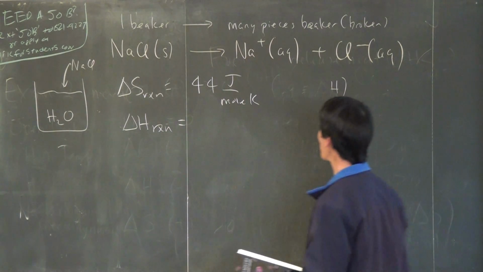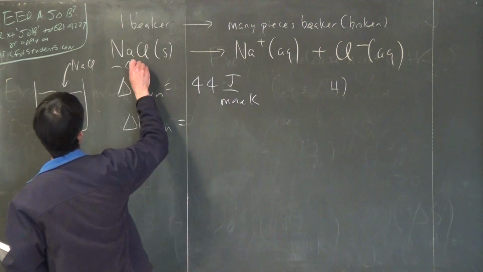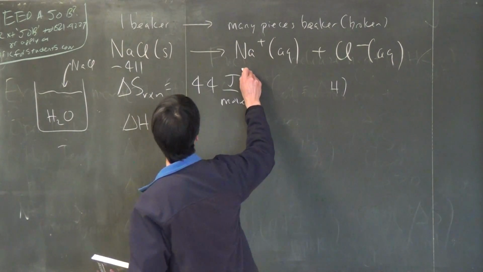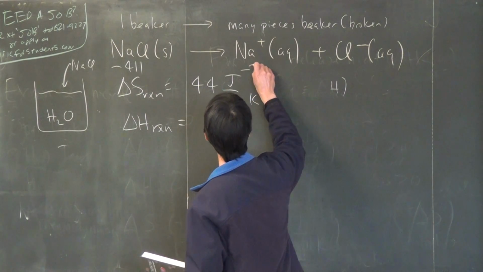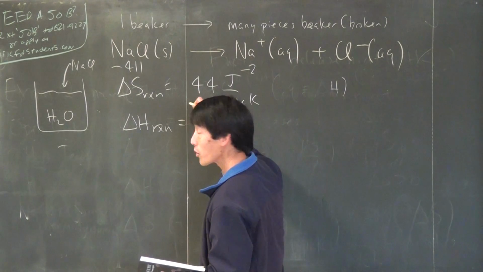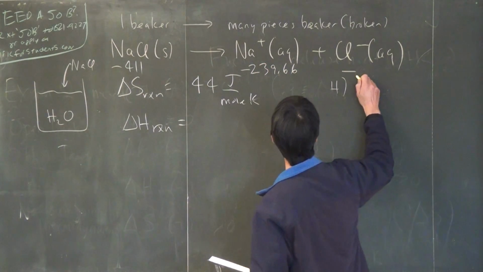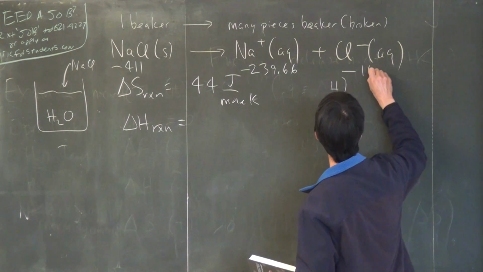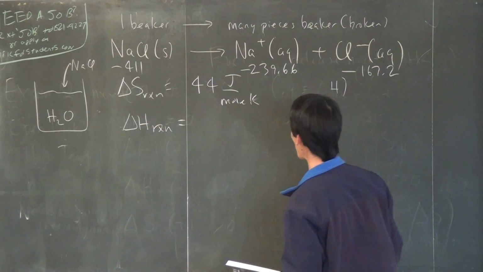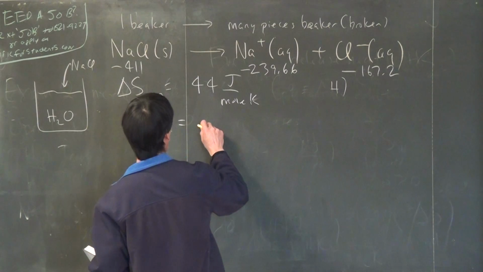NaCl is negative 411. Na plus is negative 239, and Cl minus is negative 167.2.